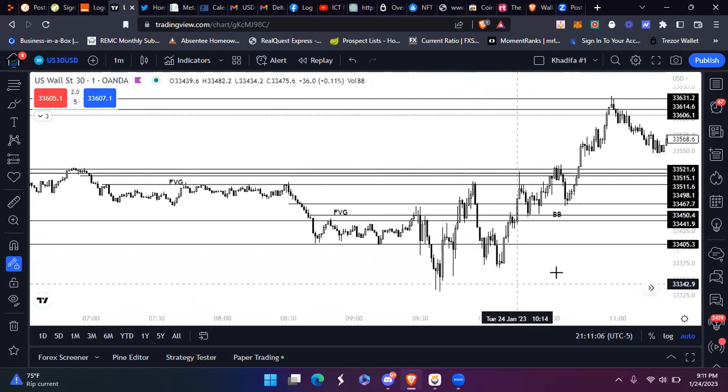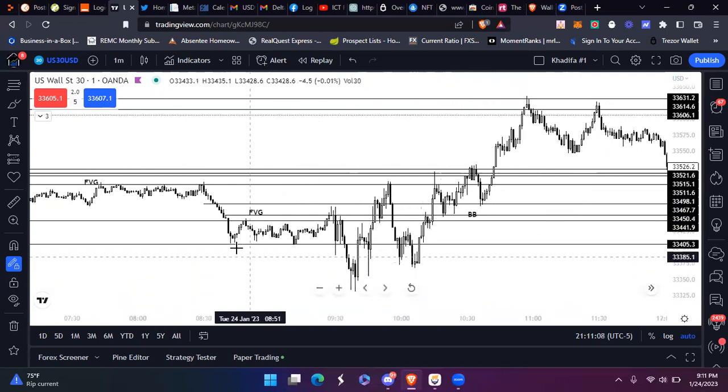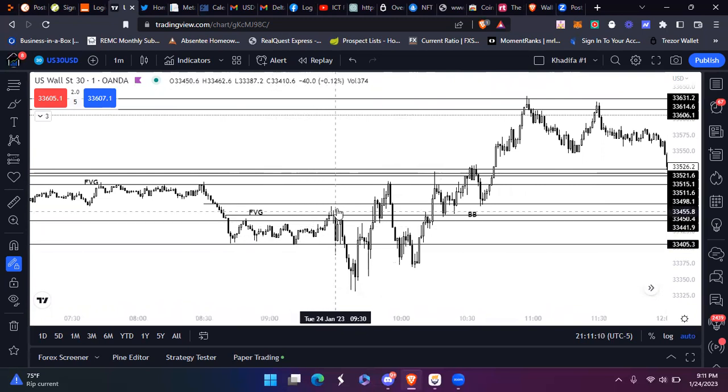And then we seen the breaker block form with the low, high, lower low, and then pushed up through that high to create the breaker block.